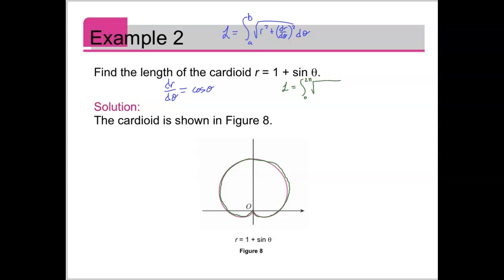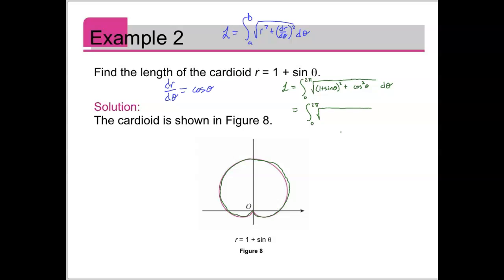Square root of r squared, so r is 1 plus sine theta squared, plus dr d theta squared, so dr d theta is just cosine, it's cosine squared theta d theta. All right. 0 to 2 pi, let's multiply this out.